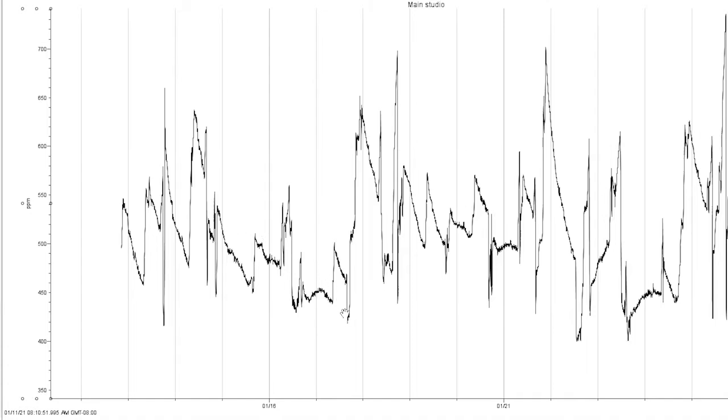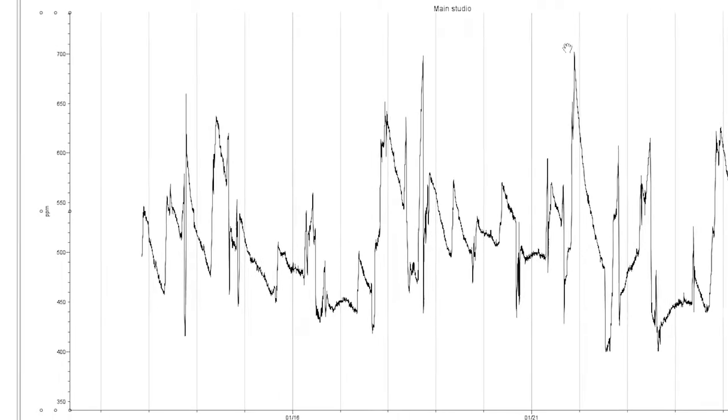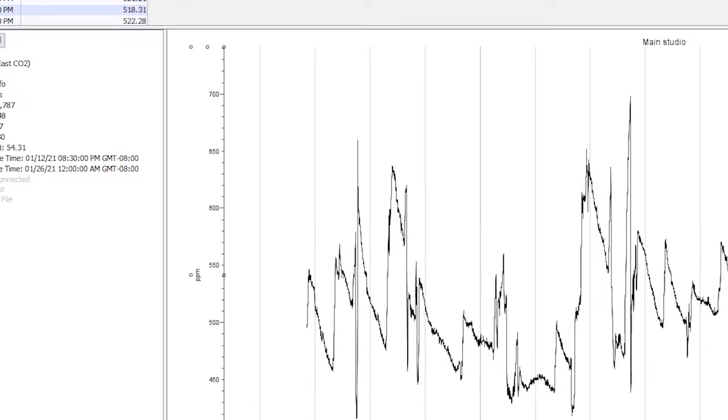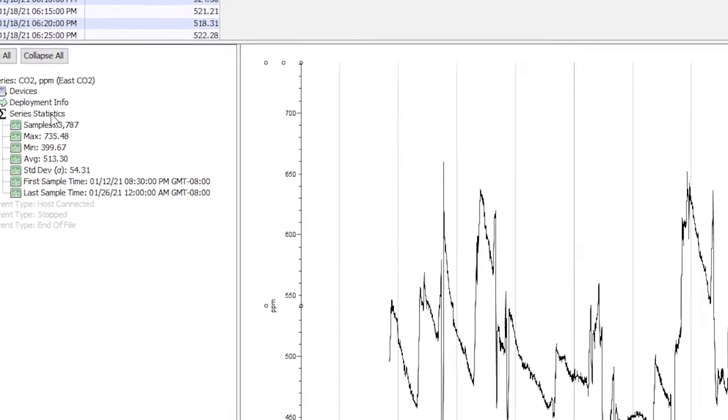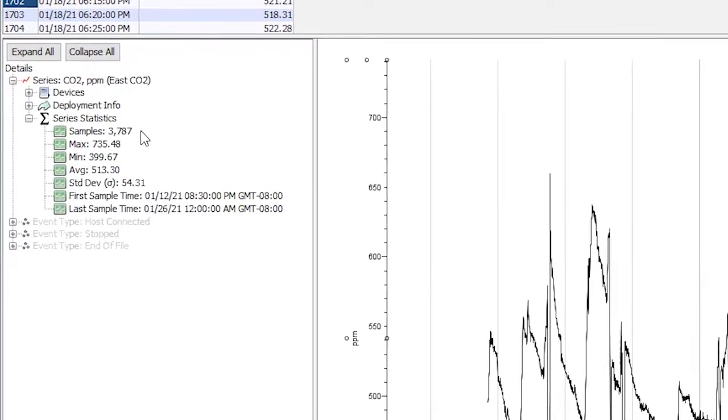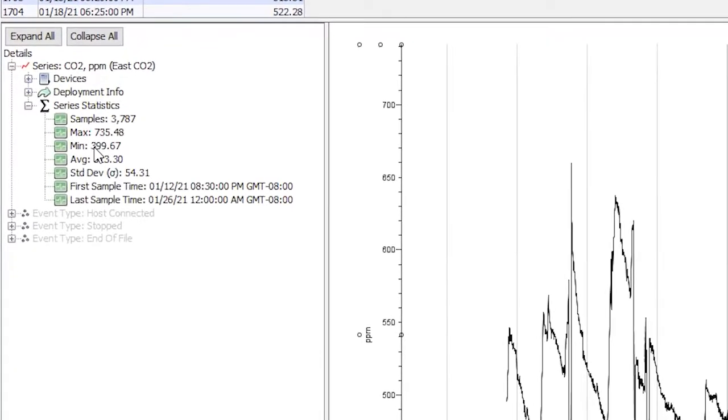So this data shows we're in the low range, a little above 400. And it looks like we have a few peaks here, a little above 700 or so parts per million. We actually have some statistic info over here. When we expand this drop down, we can see we have about a 400 minimum and a maximum of 735.